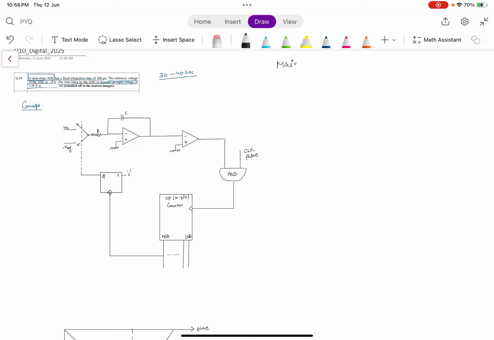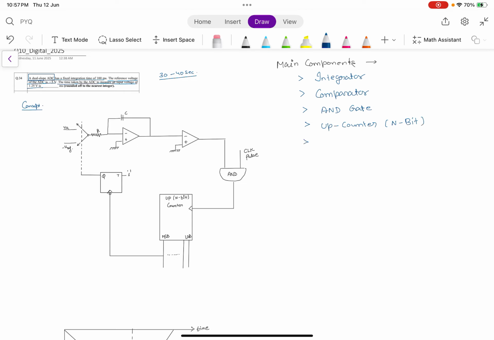Main components. First one is your integrator. The second one is your comparator. Third one is your AND gate. Fourth is your up counter, which is of n bit.